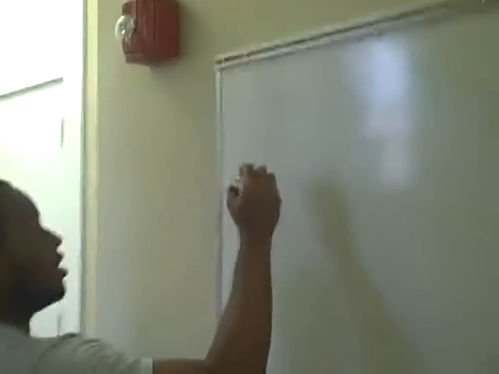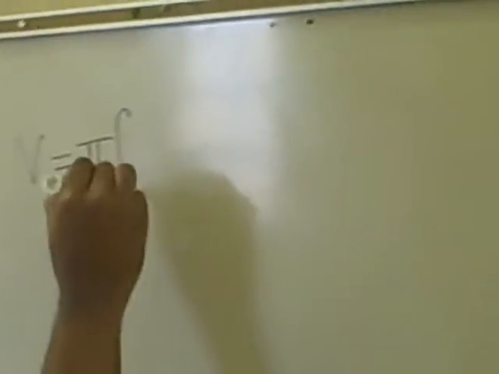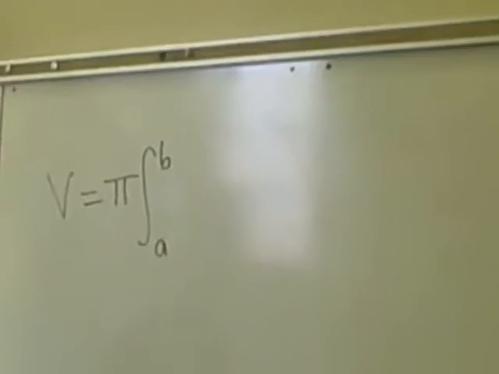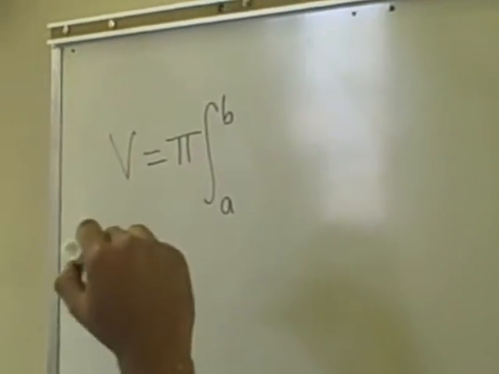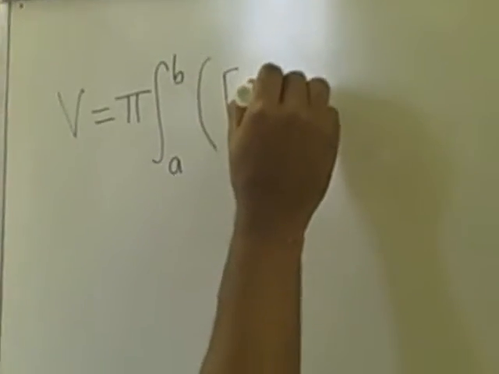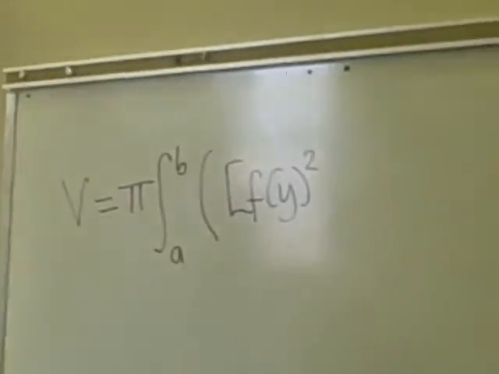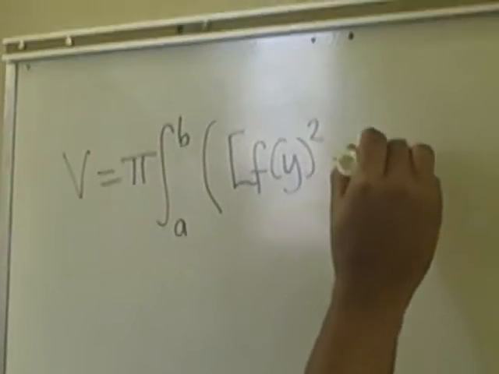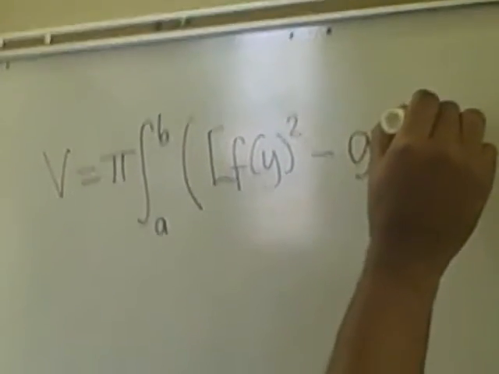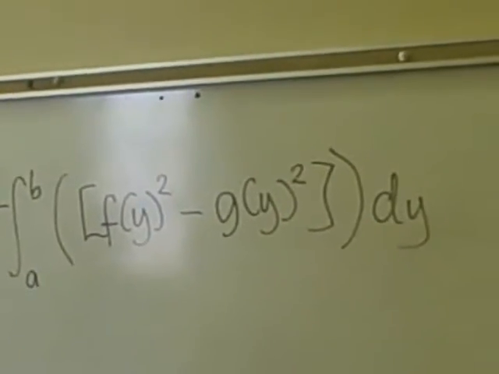It goes like this. The formula for a washer is V equals pi times the integral, with the limits of integration, of the first graph, squared, because it's about the y-axis so you integrate using y, minus the second graph, squared, dy.